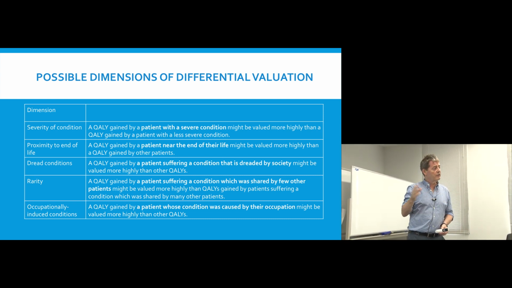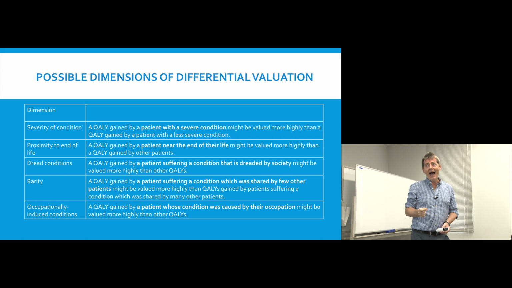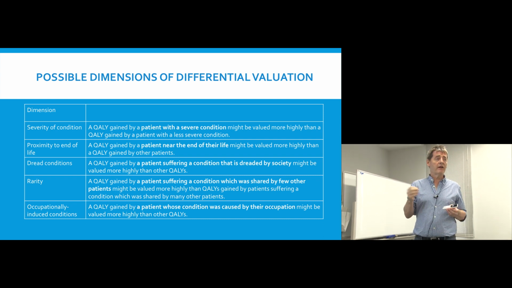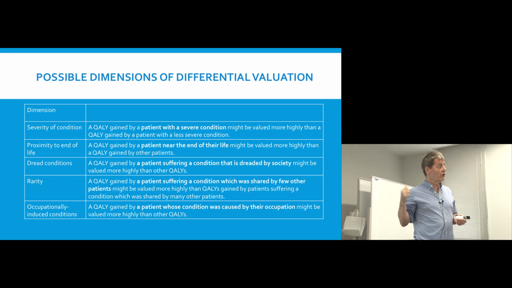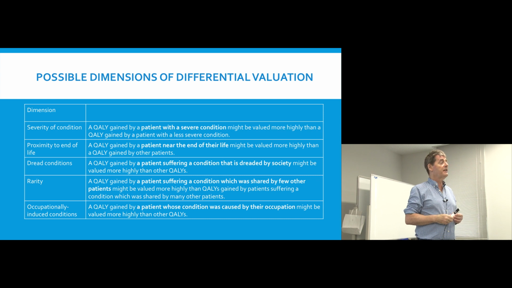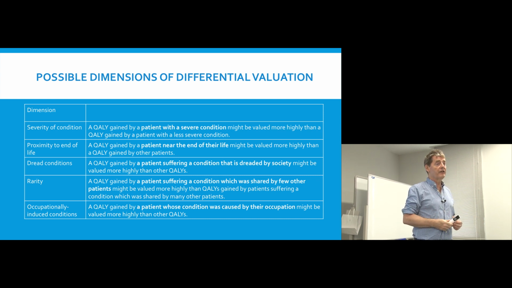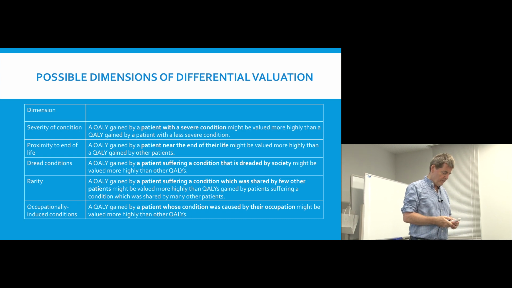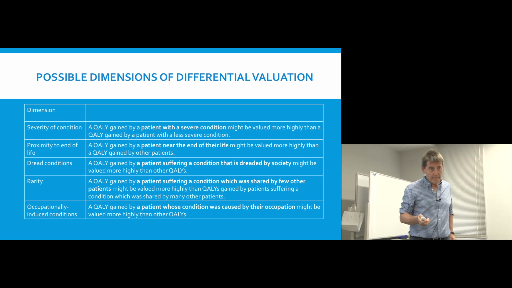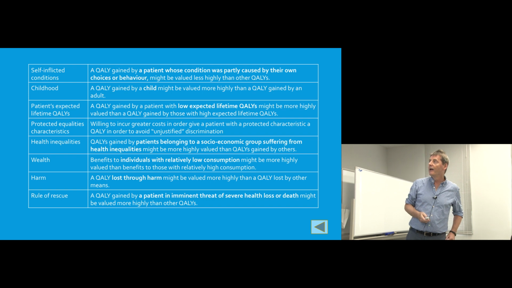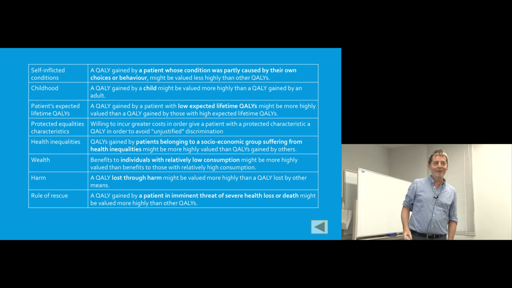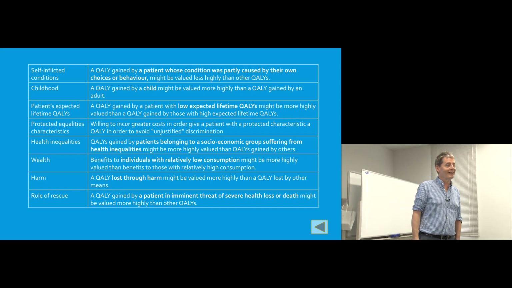There were no alternative treatments, and they had got their condition through occupational exposure, and they didn't know that this was damaging them. So that was thought a reason for treating them differently. I won't go through every one, but we'll just touch on them lightly.